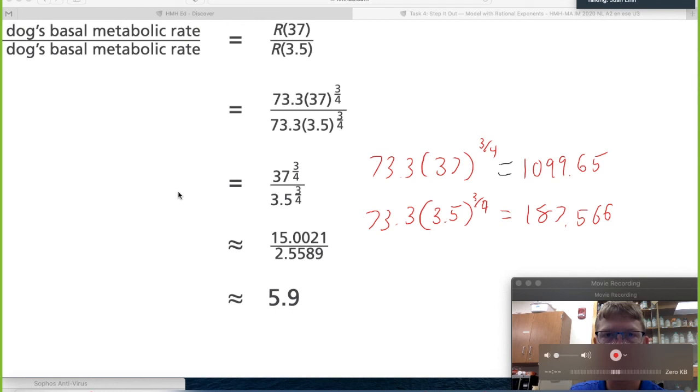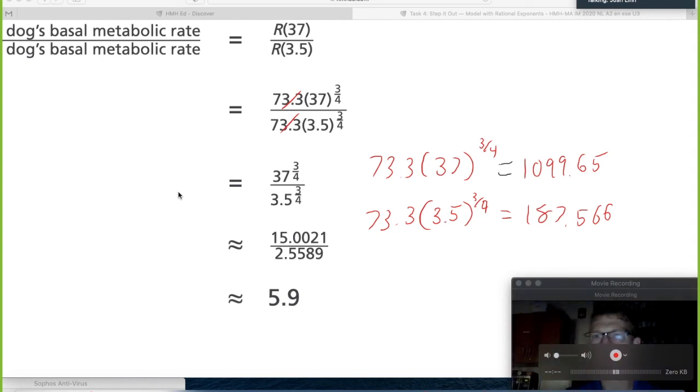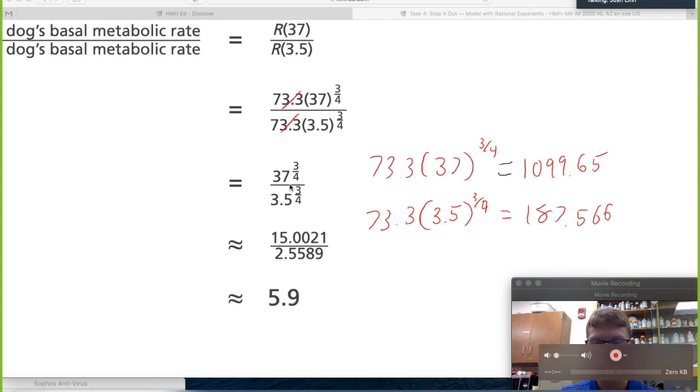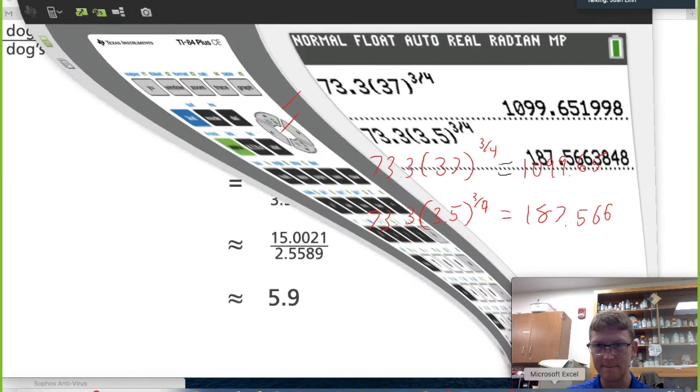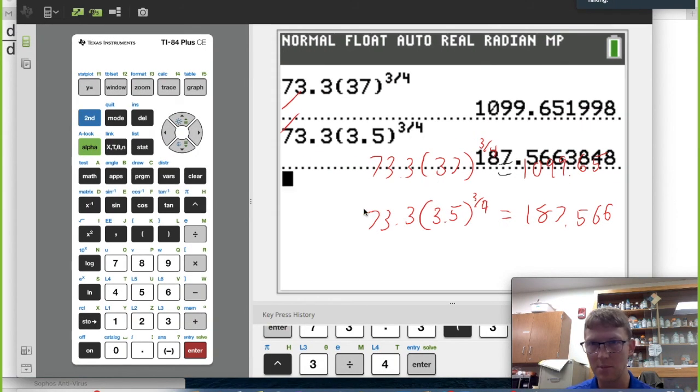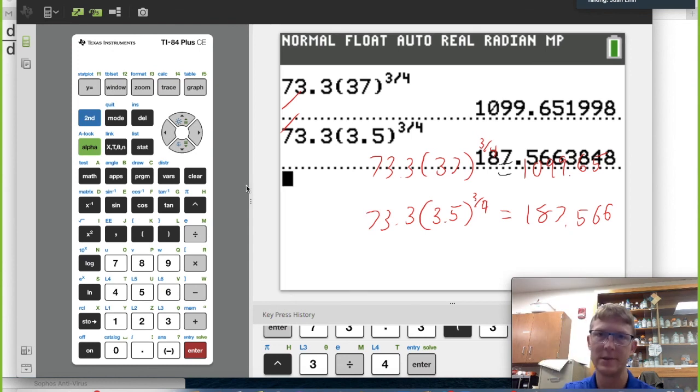That is not anywhere close to what they got. Oh, yeah, so they canceled out these. I'm willing to bet when I open my calculator again, because they want a ratio, right? So it shouldn't matter.